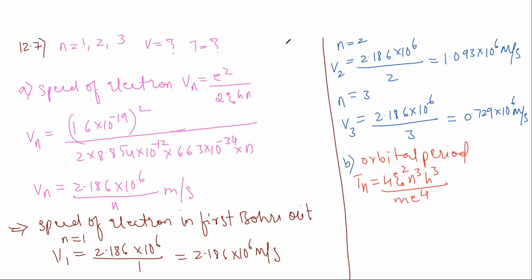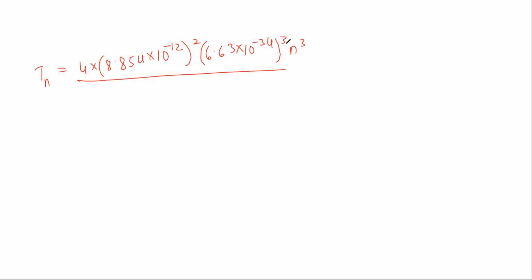Using this formula, Tn is equal to 4 into 8.854 into 10 to the power of minus 12 whole square into 6.63 into 10 to the power of minus 34 whole cube into n cube, divided by 9.1 into 10 to the power of minus 31 into 1.6 into 10 to the power of minus 19 whole raised to 4. Simplifying, the Tn value is 1.532 into 10 to the power of minus 16 into n cube seconds.